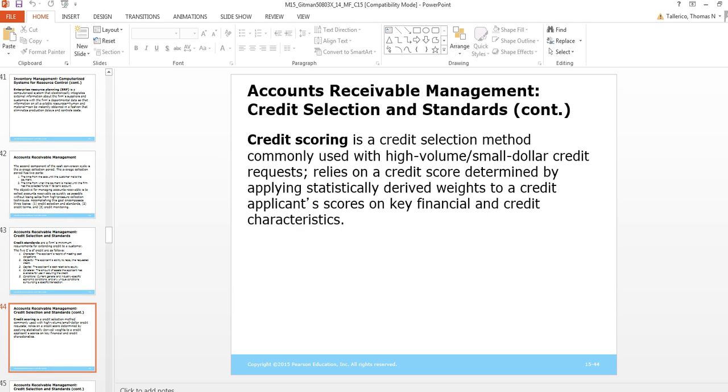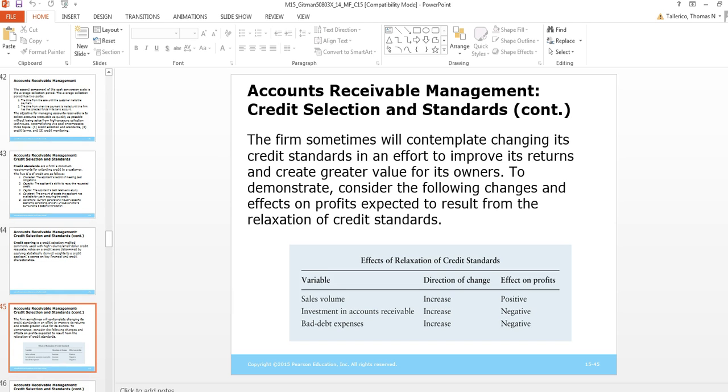All right, so credit scoring is a lot of places, like you have a credit score, just like I do, right? Like a FICO score, right? And remember, keeping up your own personal credit score is important because you can get cheaper loans. All right, so basically a lot of times companies will relax their credit standards to increase sales, right?